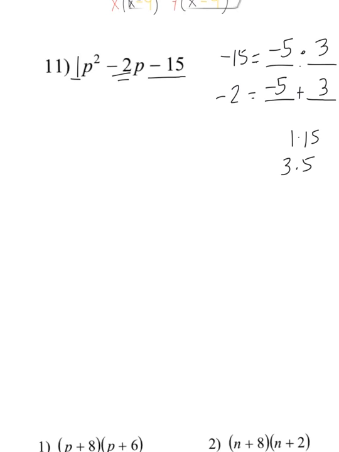where we have p squared minus 5p plus 3p minus 15.